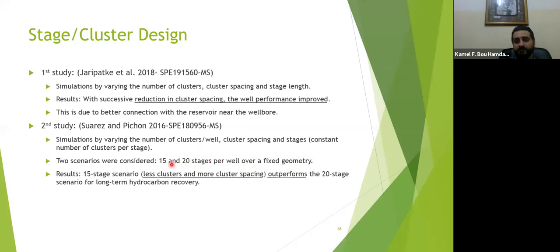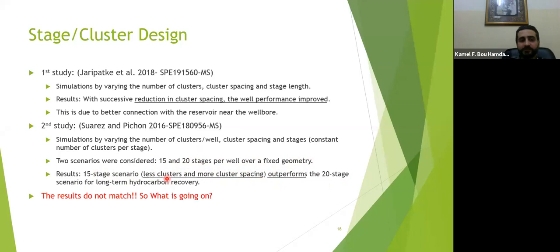So what were the results? Here, the 15 stage scenario, which has fewer clusters and more cluster spacing, showed that it outperforms the 20 stage scenario for long-term recovery. So here we are saying that the larger our cluster spacing, we're going to have better recovery of hydrocarbons.